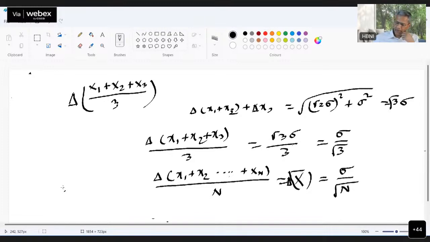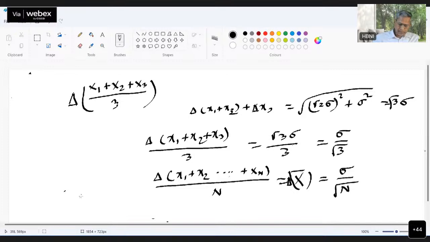We derived this for discrete values of n, but it is true for probability distributions, even for continuous distributions. The error in x average, delta x average, is basically the uncertainty in the mean value.